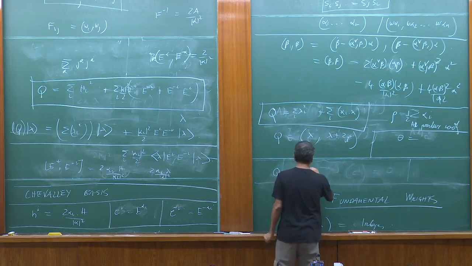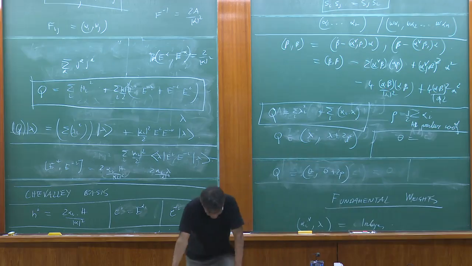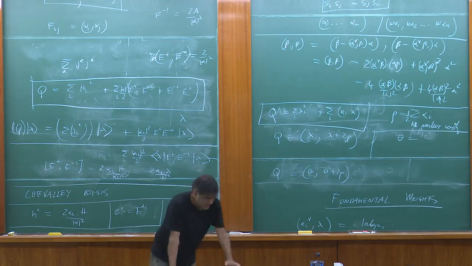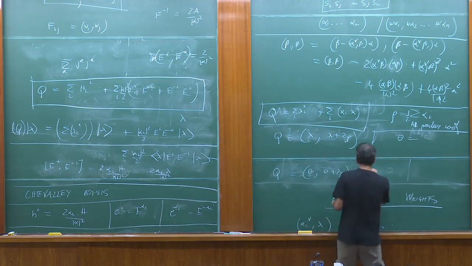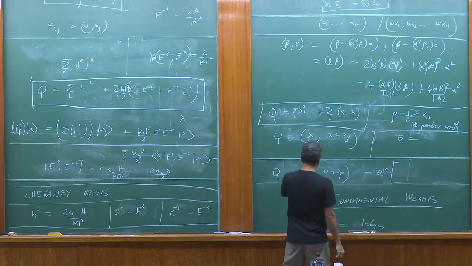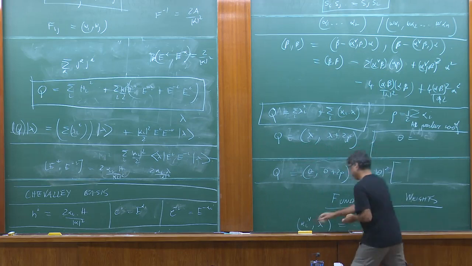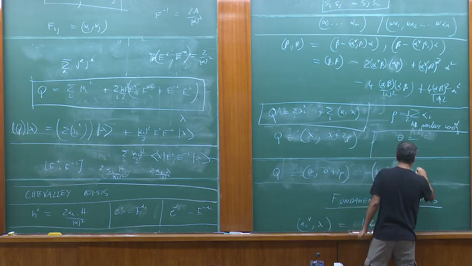So we've got theta plus 2 rho. Let's work it entirely in terms of mod theta square: mod theta squared plus 2 theta rho.